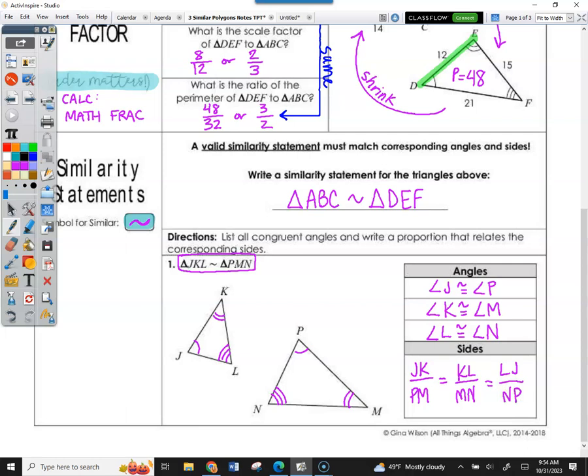NP. So what you've just done there is listed the congruent angles and the proportional parts, the sides. That's what you've done. All right, let's do this 2 more times. Go to the back.